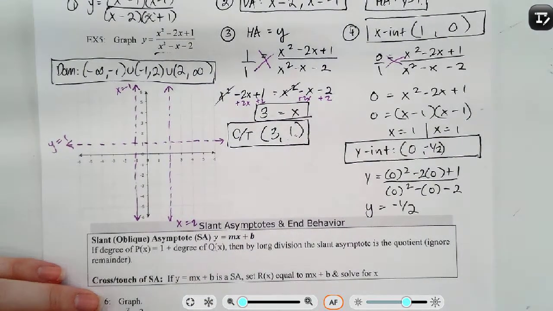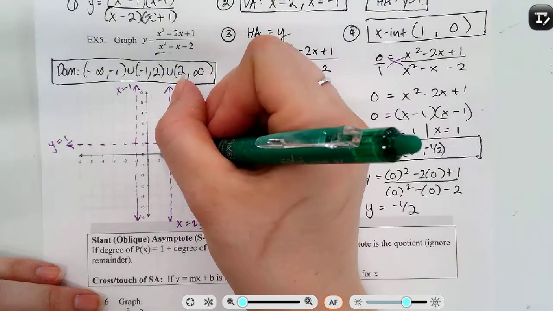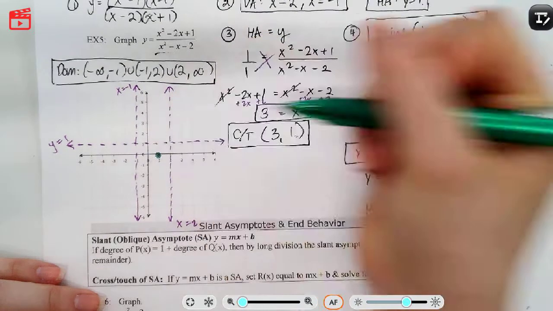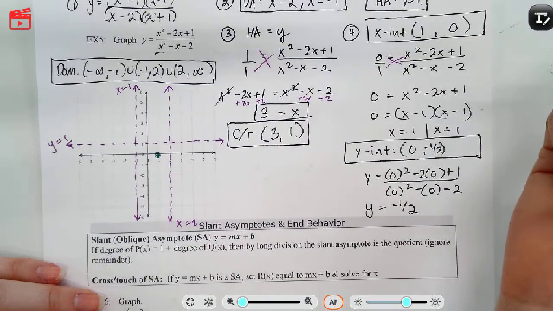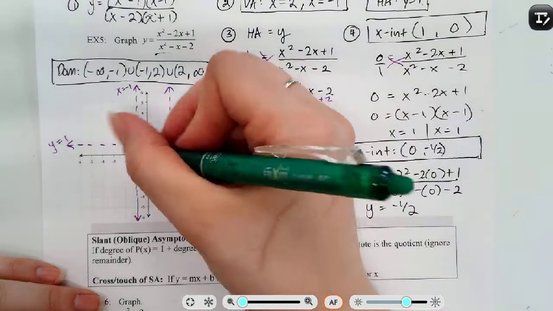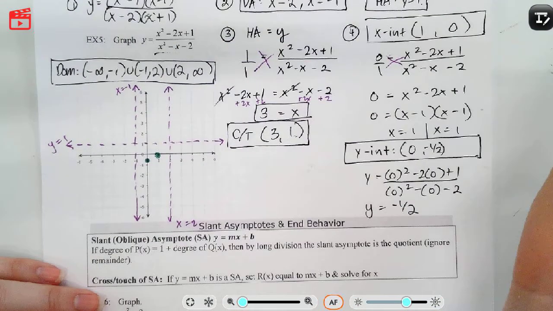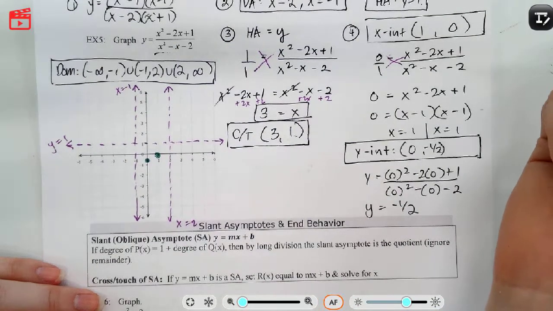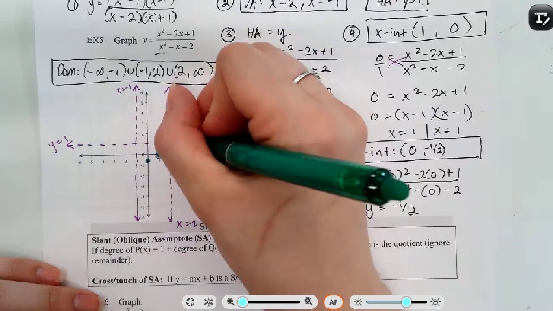And let's see, intercepts. 1, 0. And let's see, y-intercept, 0, negative half. Cross touch at 3, 1.